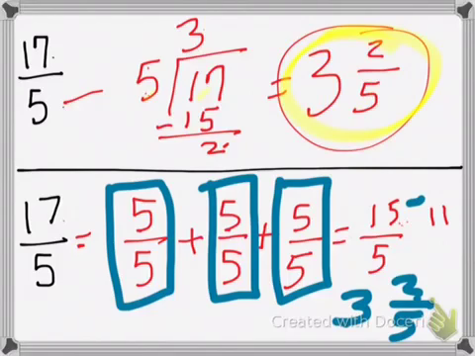Okay? And then the other way is we remembered how to make whole numbers out of fractions. And we said that 5 fifths plus 5 fifths plus 5 fifths makes 15 fifths. That is 3 wholes. 1, 2, 3 whole numbers. And then we add the 2 left over, which makes it 2 fifths. All right?